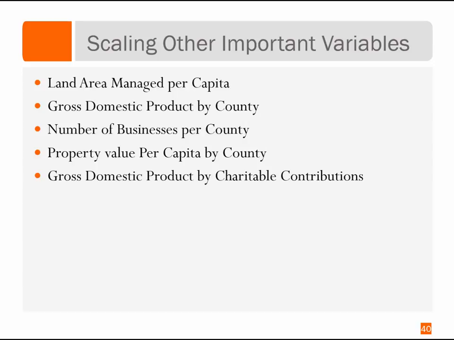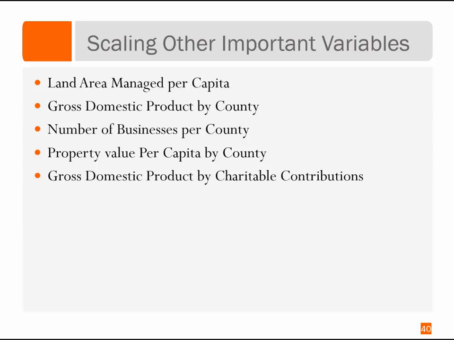We might want to look at number of businesses per county. That might be a meaningful way to encode variables. Where there are businesses, there are jobs. So that might be a useful starting point for a visualization. Property value per capita by county. So we may want to get some sense of how much particular properties are worth divided by all the people that lived in that county.